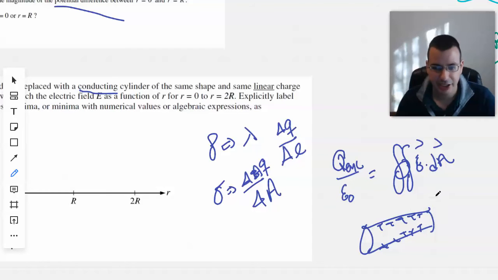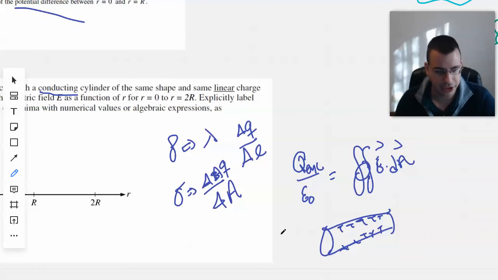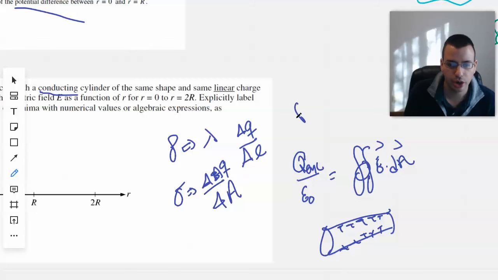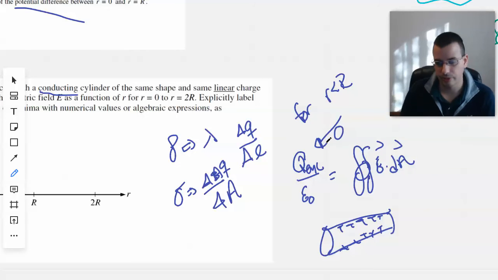For r less than big R, Q enclosed is 0, because there are no enclosed charges on the inside of the conducting cylinder. They're all on the surface.